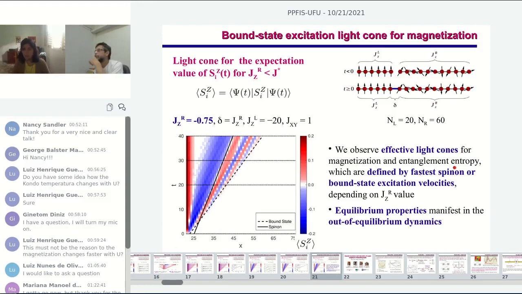It can be a spinon excitation or a bound state excitation, depending on the value of the anisotropy parameter. These excitations we know from the situation at equilibrium, and we got the light cones in an out of equilibrium situation. So we can conclude that the equilibrium properties manifest in the out of equilibrium dynamics.